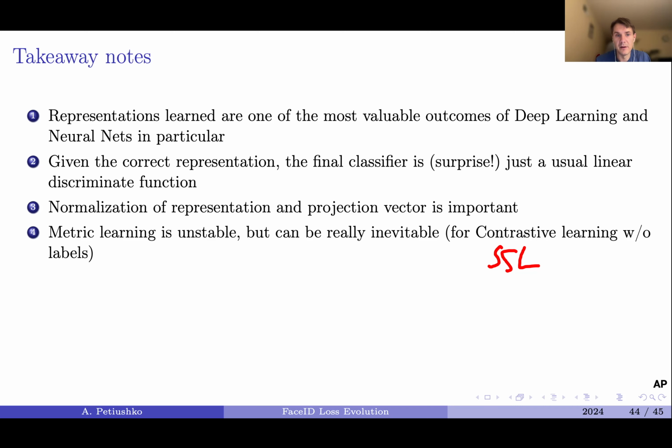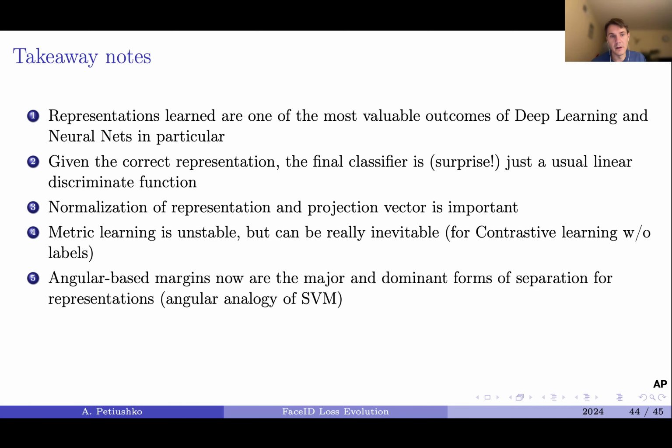So it's still inevitable. And angular-based margins are now the major and dominant form of separation for representations. This is the angular analogy of SVM, and probably some of you who remember classical ML know that SVM is the best single classifier, not as an ensemble, in machine learning, I would say.